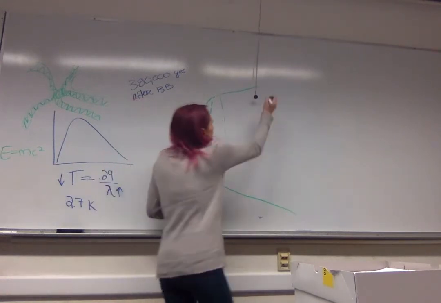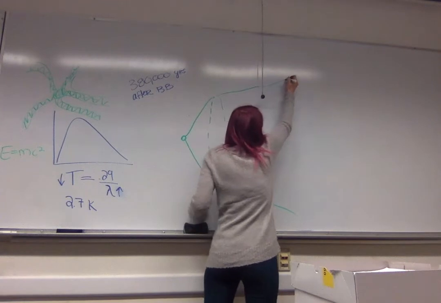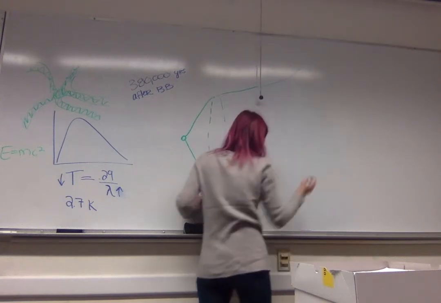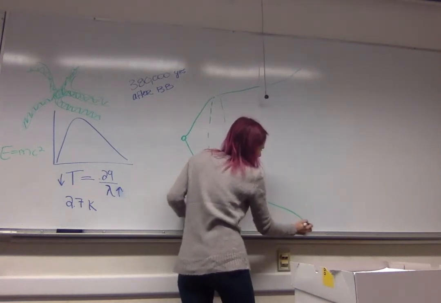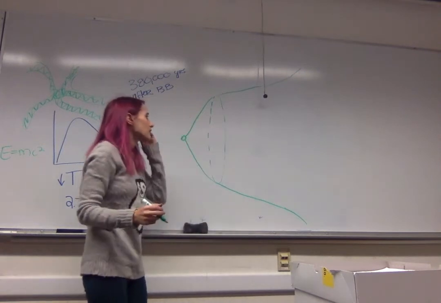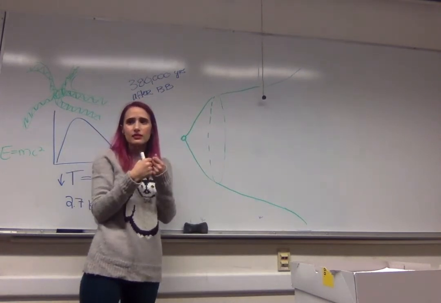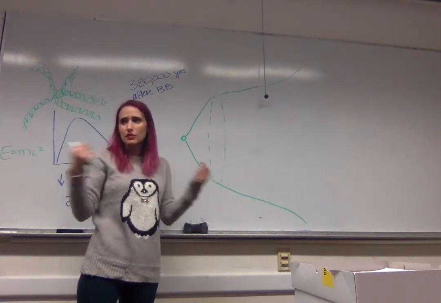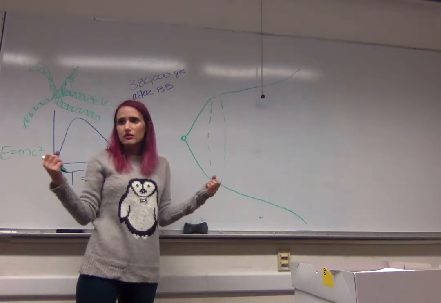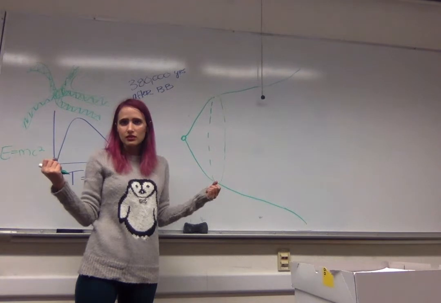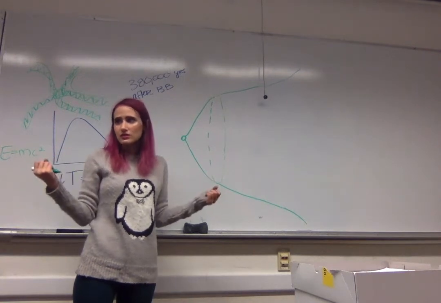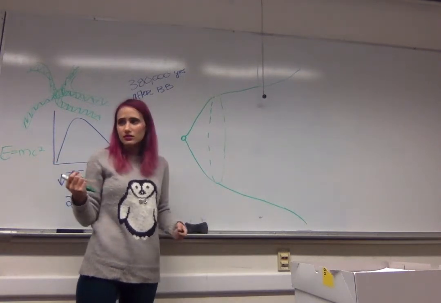So eventually, right, gravity holds things together, expansion pulls things apart. So eventually, expansion's going to win out as it gets faster. And things aren't going to be able to be held together. And things are going to cool down. Right? The more you have stuff clustered together, the hotter it gets.